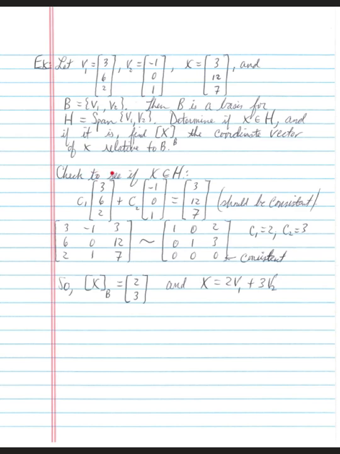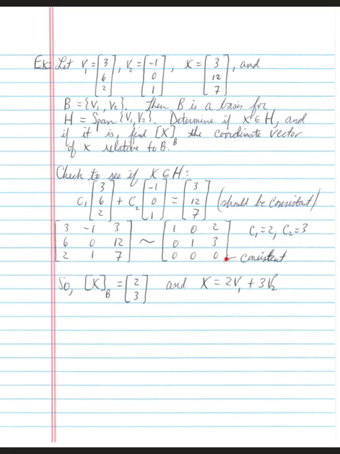First thing, let's check to see if X is in H, the span of the two vectors. If it is, C1 V1 plus C2 V2 is equal to X. This should be consistent. So let's create a matrix with V1, V2, and X and row reduce it.